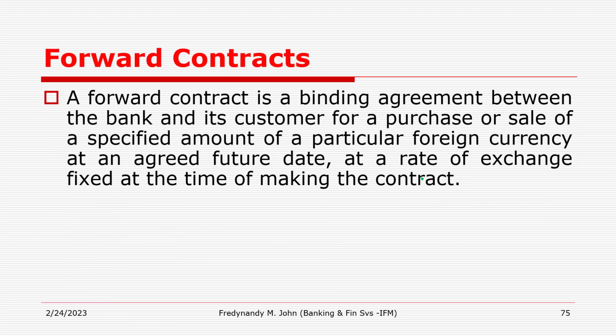Now, let me take you back to the forward contract. A forward contract simply means a contract between a customer and a bank where they agree to buy or to sell a specified amount of foreign currency on a future date using a price that is locked at the time of agreement, and that is the forward rate.